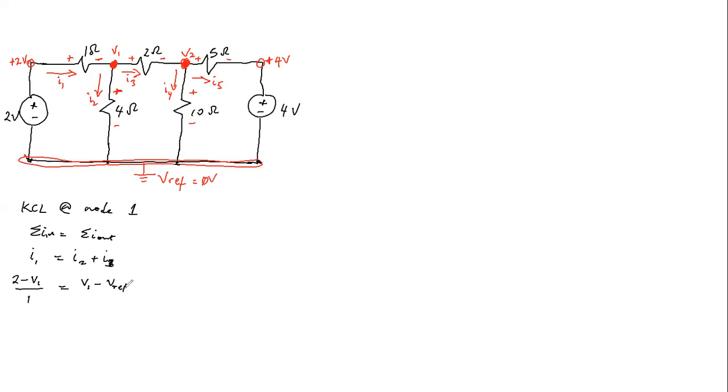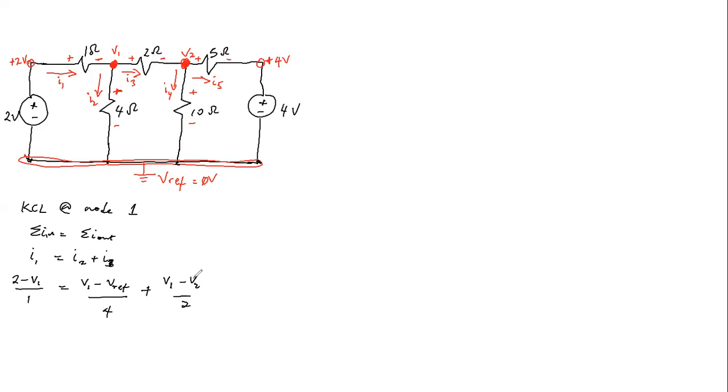Vref divided by 4, plus I3, which is the current through the 2 ohm resistor, which is V1, positive here, minus V2, because this is negative here. So that will be (V1 minus V2) divided by 2.